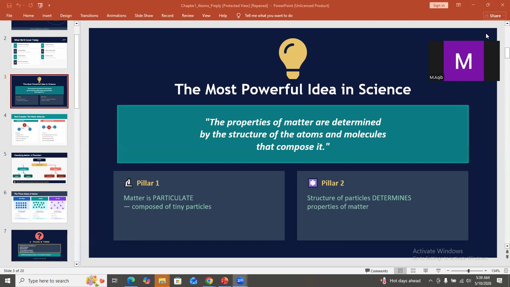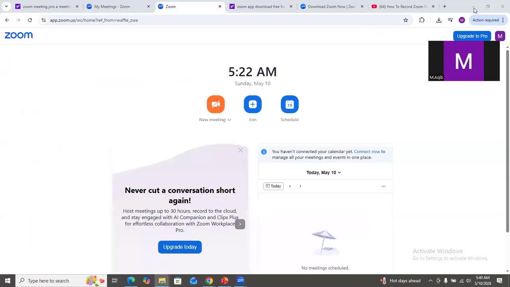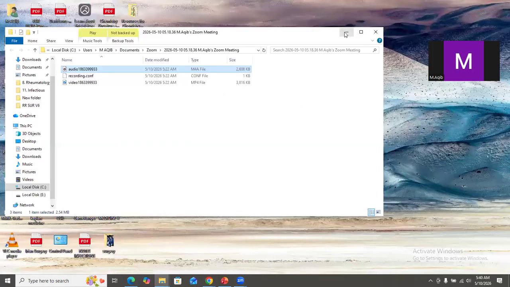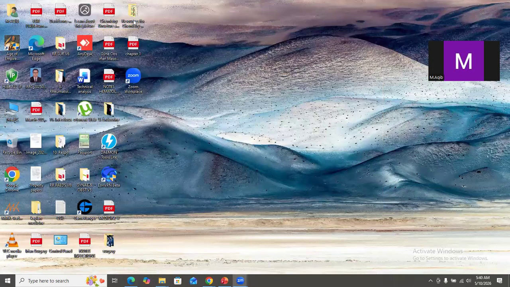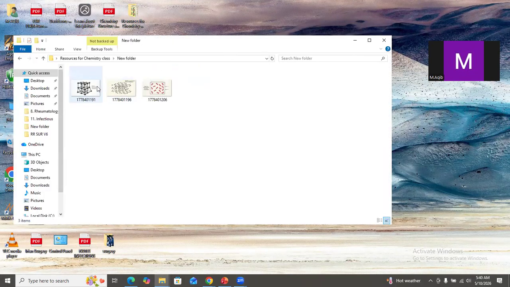So this is a matter of how the atoms and molecules are arranged. We are going to look at another example, and I'll show you. Yeah, you can look at it.